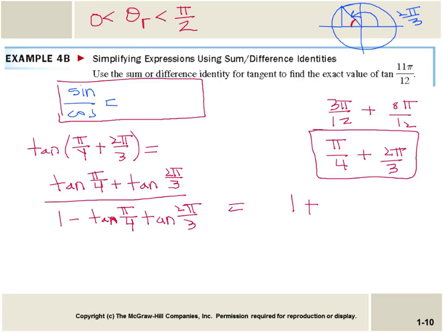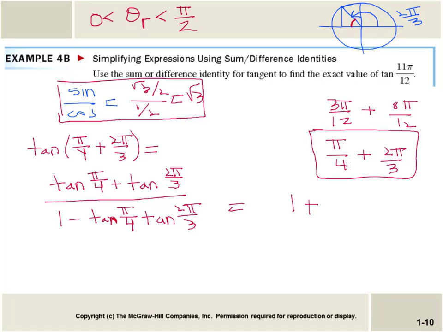Pi over 3. So what's the sine of pi over 3? Sine of pi over 3 is not 1/2. Okay, so it's the square root of 3 over 2. You guys have to really do better with this, honestly. Cosine of pi over 3 is 1/2. This is going to be equal, the pi over 3's cancel, square root of 3.